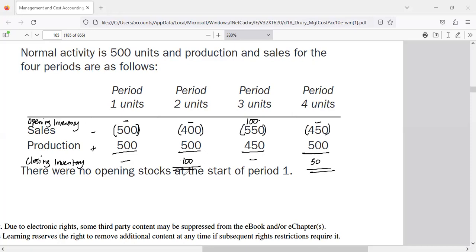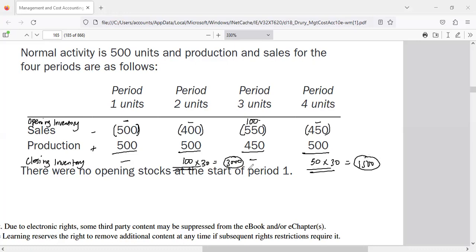Since I'm using variable costing or marginal costing, I'll value these units at 30. So 50 times 30, that is 1,500. Then 100 times 30, that is 3,000. This is my closing inventory of period 2. This is my closing inventory of period 4.